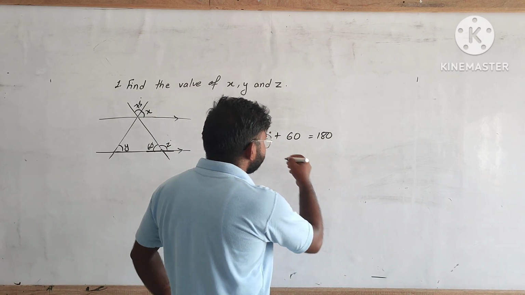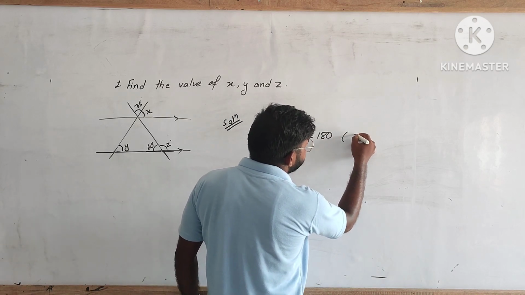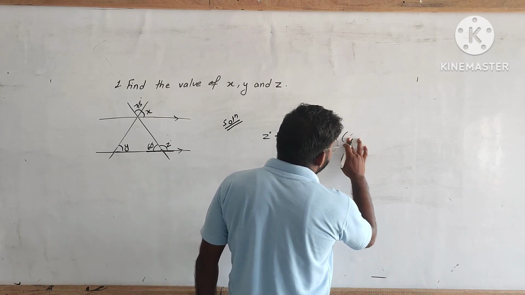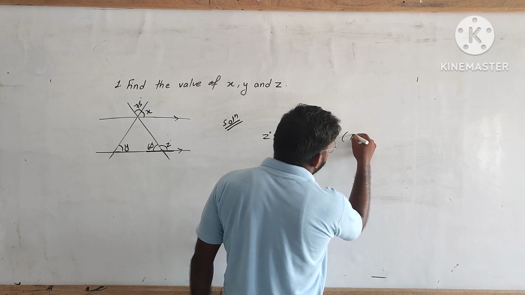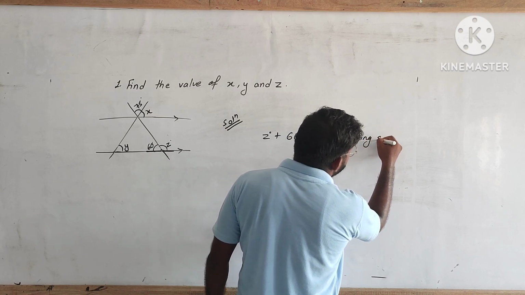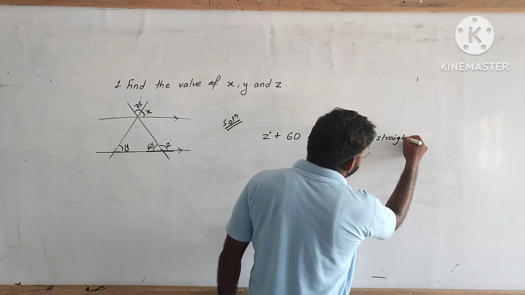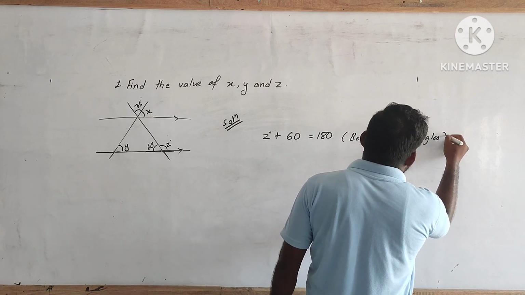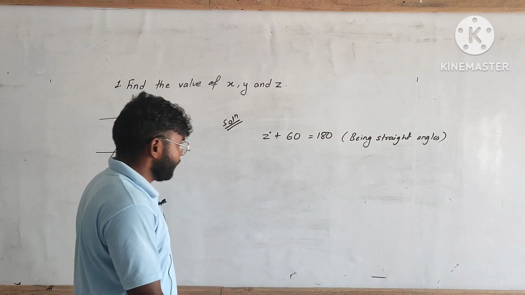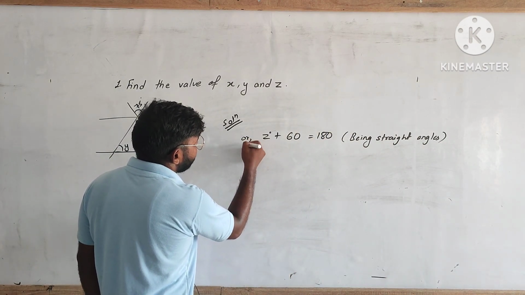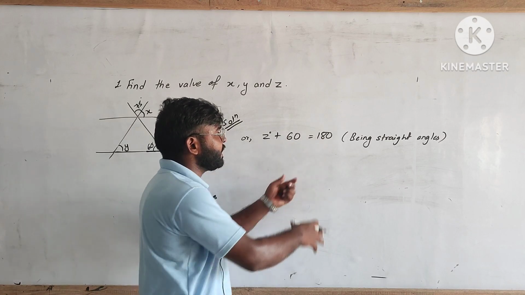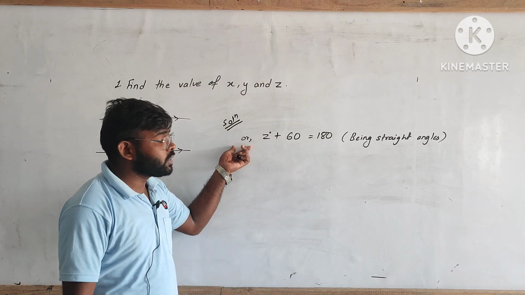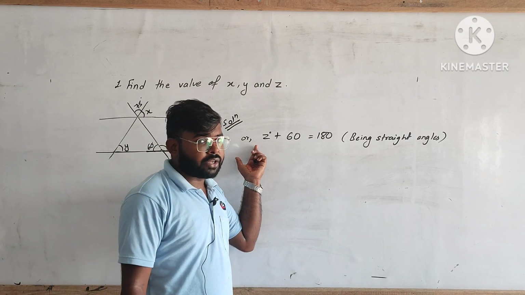The reason is: sum of angles being a straight angle. Or here, after this, if the equal to is already in the question, then we use it like I have written here.